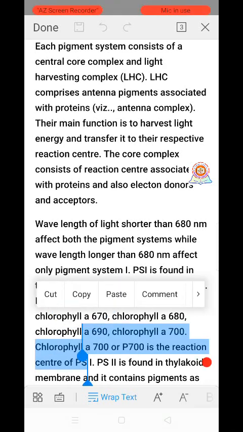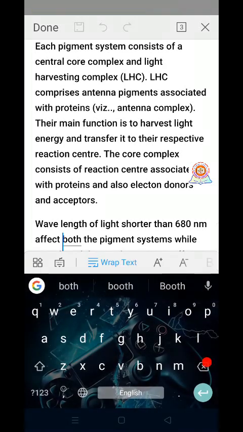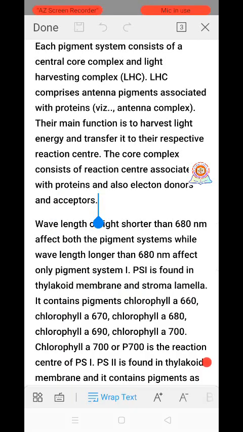It contains pigments chlorophyll a 660, chlorophyll a 670, chlorophyll a 680, chlorophyll a 690, and chlorophyll a 700.